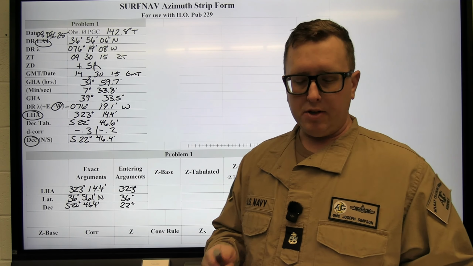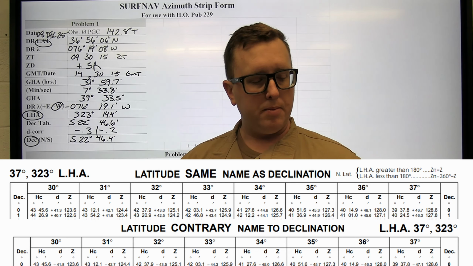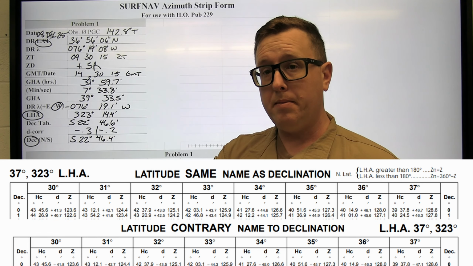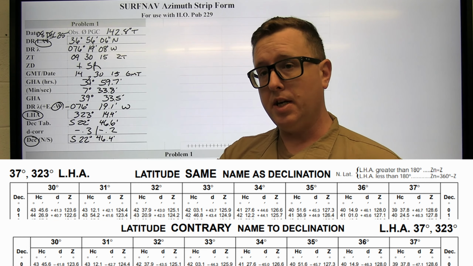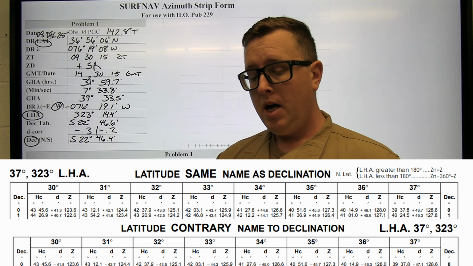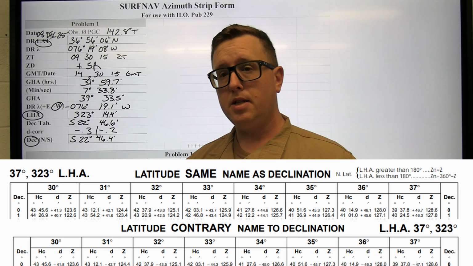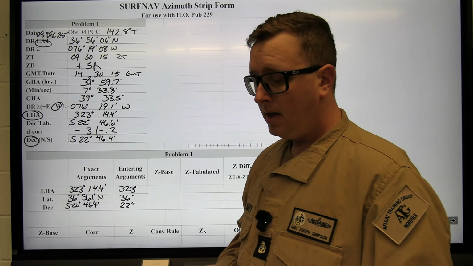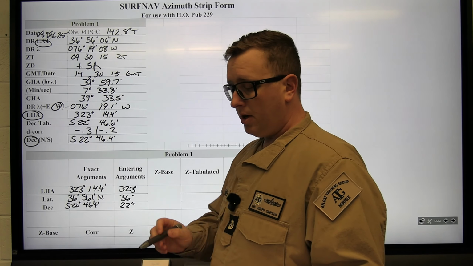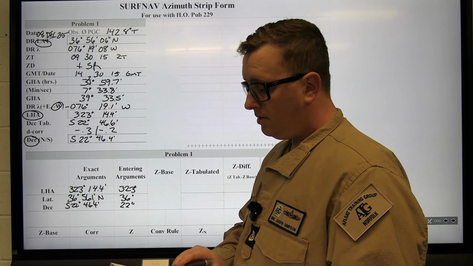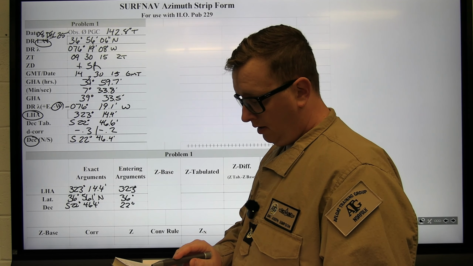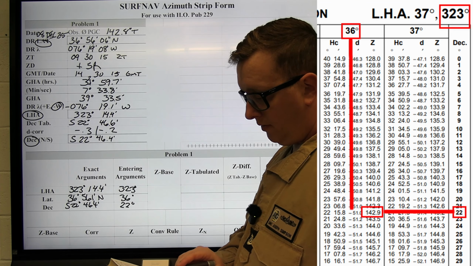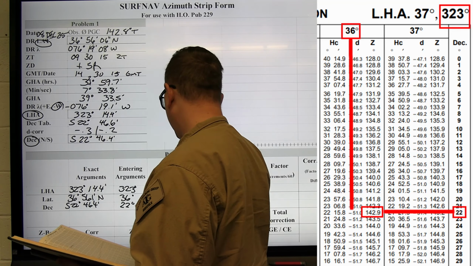And when you're looking at your slight reduction book, at the top, on the left side, you'll see same. If the declination and latitude were the same, you use that side. And the other side, you have contrary. Since they are different from each other, we're going to use a contrary side. Now, we're going to square off 36 degrees for latitude and 22 and we get 142.9. And we just write that in.